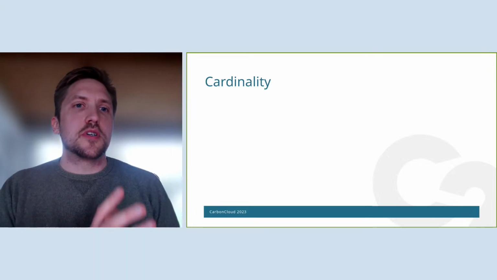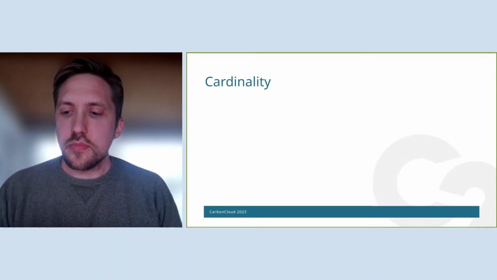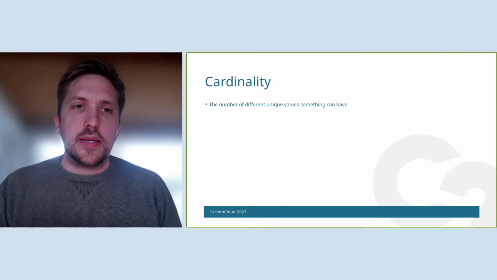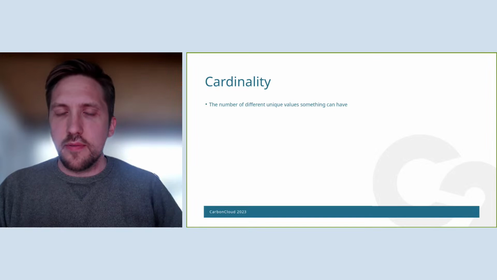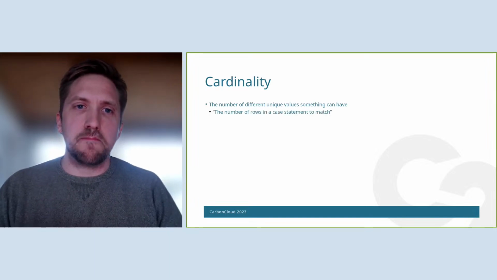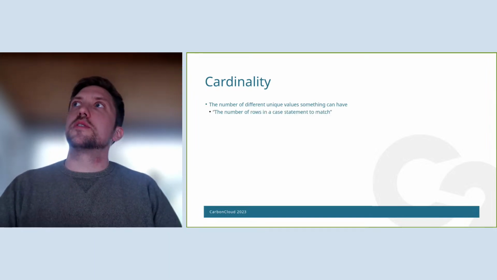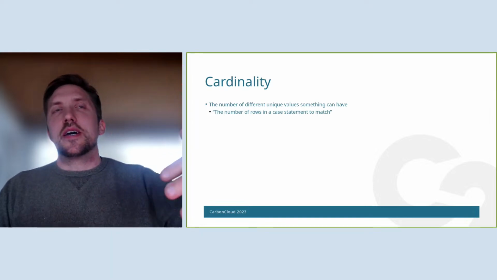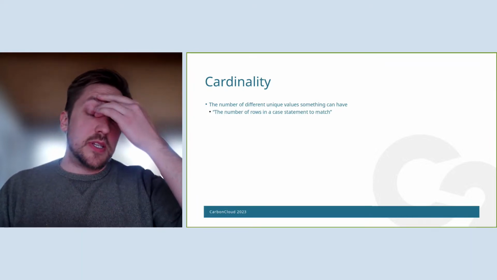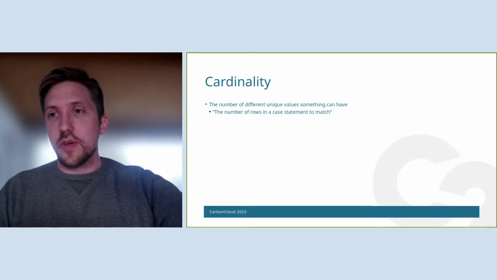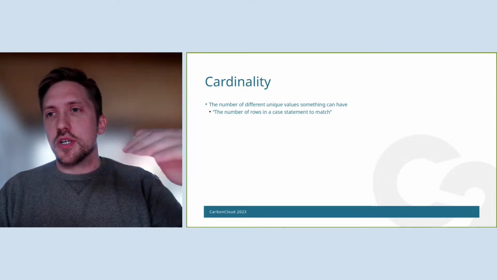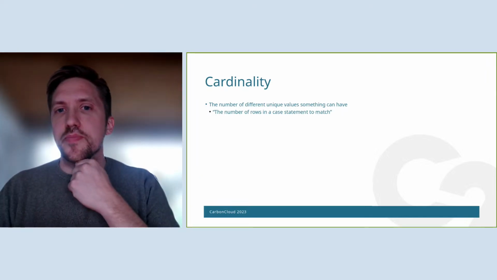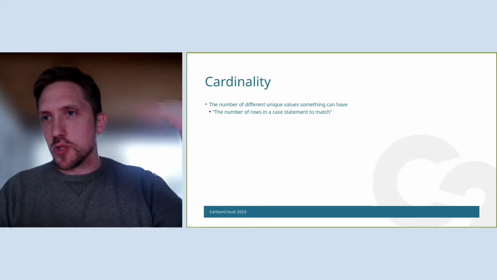So first off, the concept of cardinality. That is the number of different unique values something can have. If you have a switch statement or a case-of statement, it's the number of cases you need to uniquely pattern match on each value that thing can have.